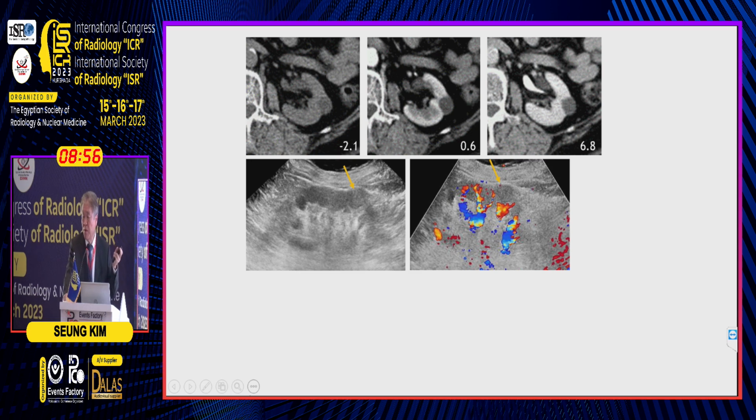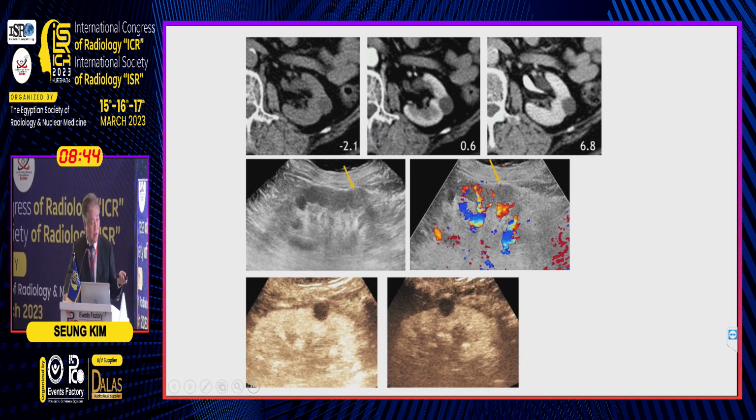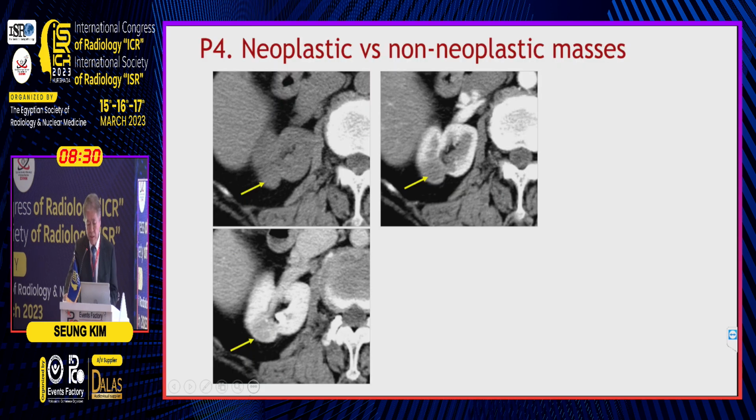If we have a problem like this case, maybe we can do MRI, or another thing we can do is contrast-enhanced ultrasound easily. In this patient, contrast-enhanced ultrasound was done, and there was no contrast enhancement at all, so we can make a diagnosis of a simple cyst without enhancement.